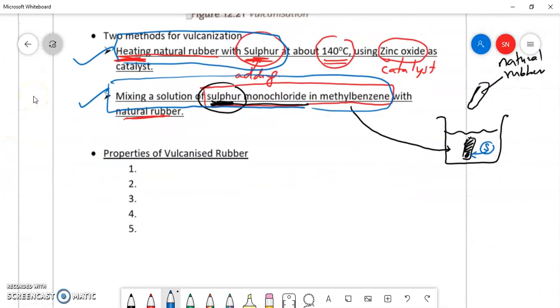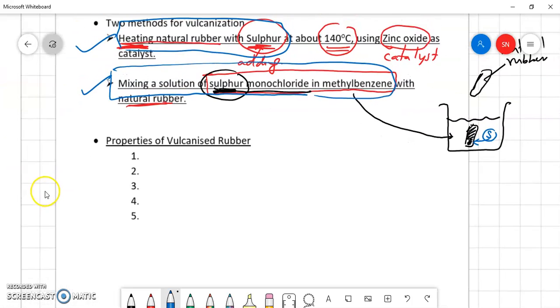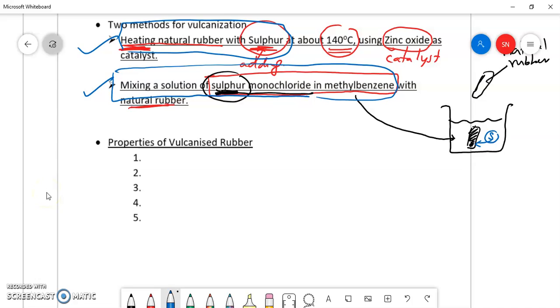Next, properties of vulcanized rubber. This is our last section. Rubber is better when it's vulcanized, so it's going to be harder. In natural form it was soft, but here it's a bit harder. Sometimes we need rubber to be a bit harder, for example rubber used for the soles of shoes or vehicle tires cannot be too soft.